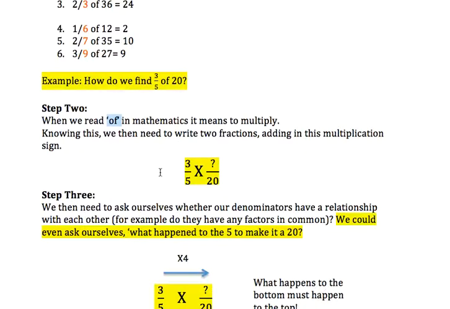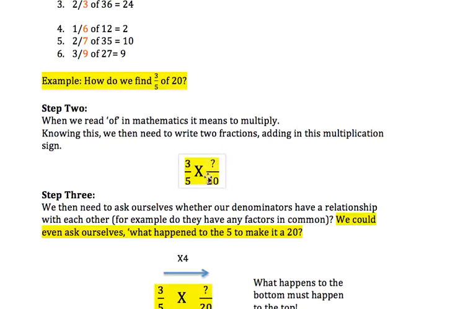It will end up looking a little bit like this. We've got the 3/5 here in this example up here, which is, what is 3/5 of 20? So we'll go, well, 3/5, and then I need to turn that 20 into a fraction, which is what we're really doing when we're figuring it out the other way that we've just learned.